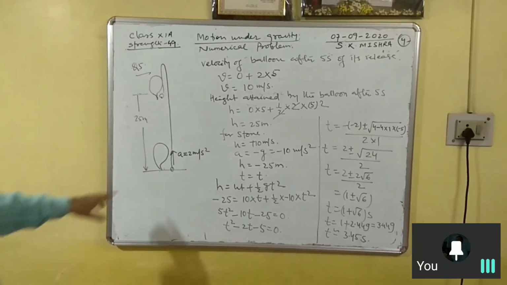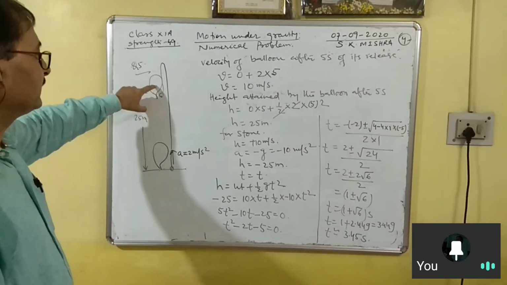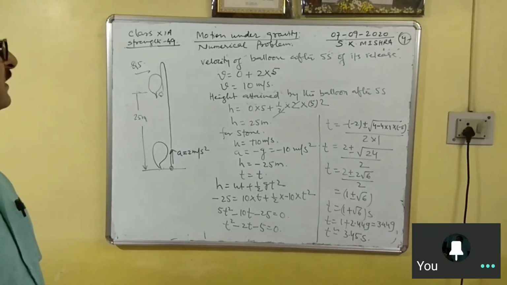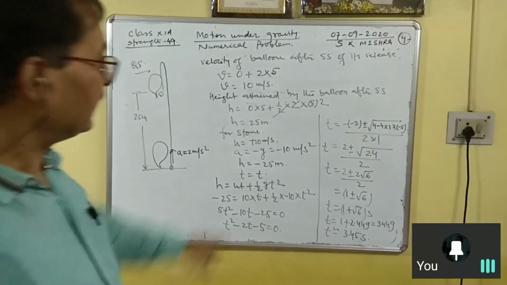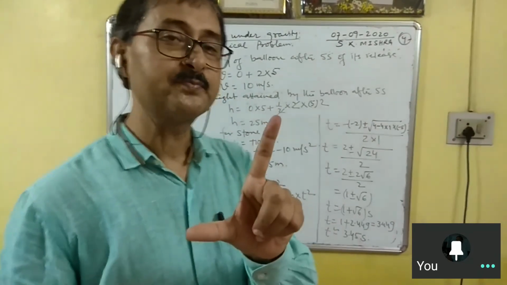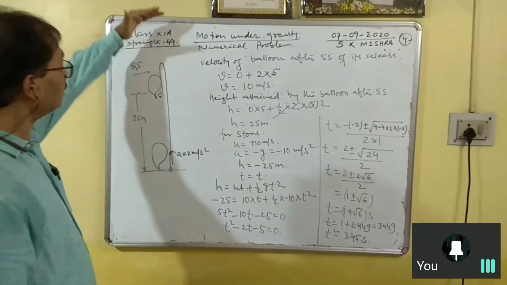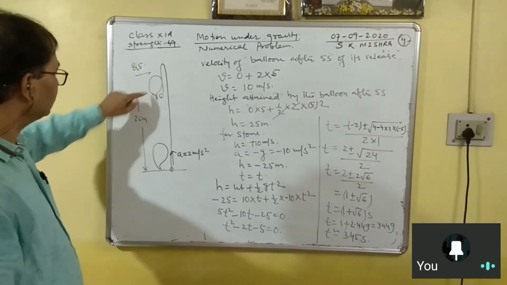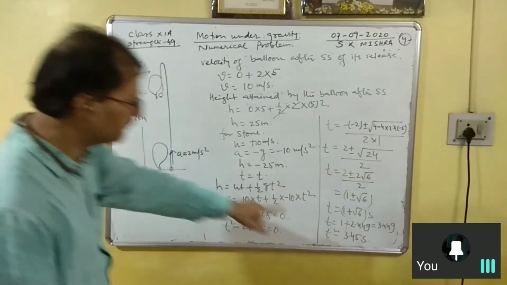In covering 25 meters, the balloon takes 5 seconds, and then this 5 seconds plus 3.45 seconds. So if you find the height from the ground, you have to take the total time. Within 5 seconds the balloon will reach this position, covering a distance of 25 meter, and then again it will take 3.45 seconds.